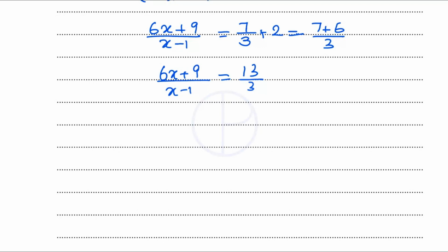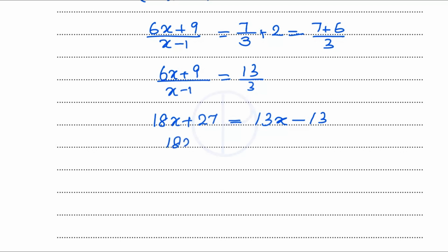Now just do cross multiplication. So we get 3 times 6 is 18, 18x plus 9 times 3 is 27 equal to 13 times x is 13x minus 13. Now bring the x terms to one side and numbers to the other side.